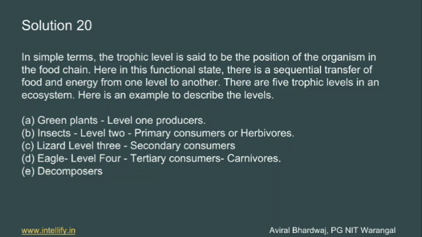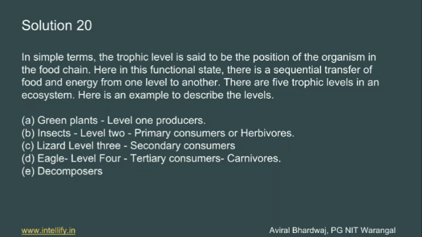Second, insects. This is level 2, called primary consumer. Third is lizard, level 3, which is the secondary consumer. Then fourth, level 4, is called the tertiary consumer, which is carnivorous. And the last is decomposer. Decomposers are basically small organisms found in the soil.